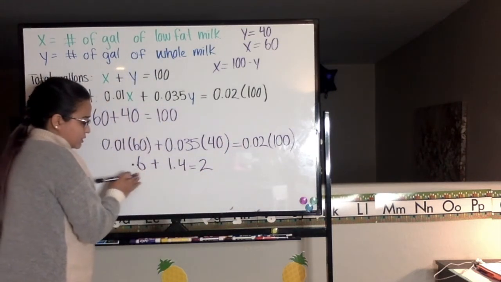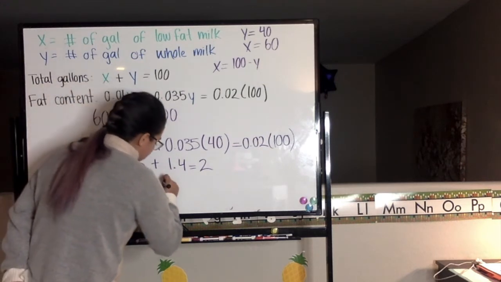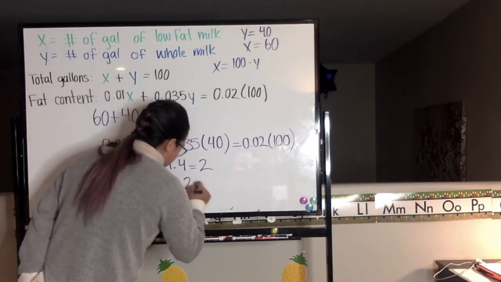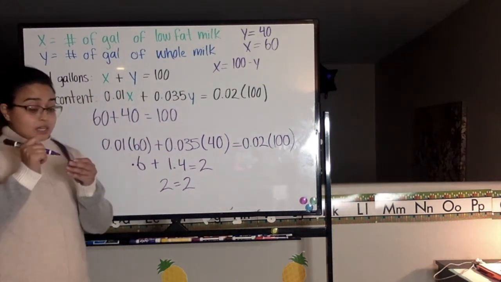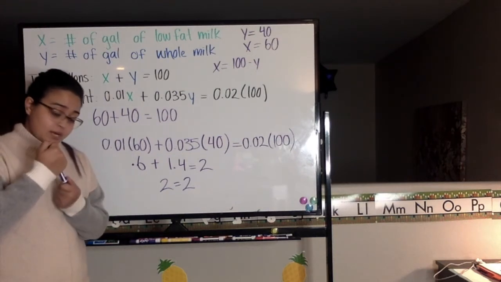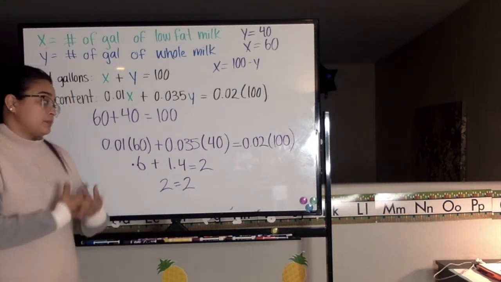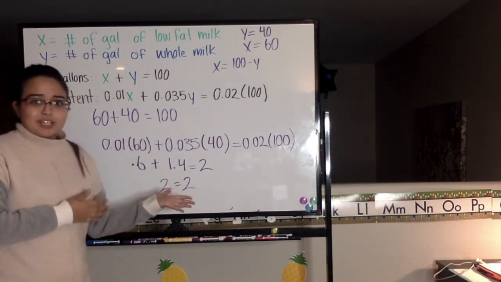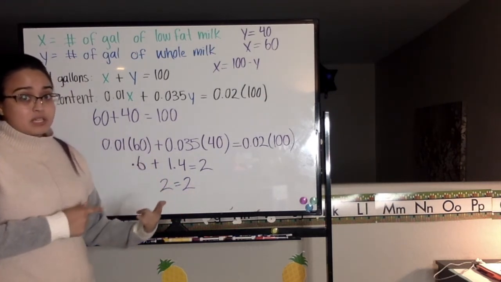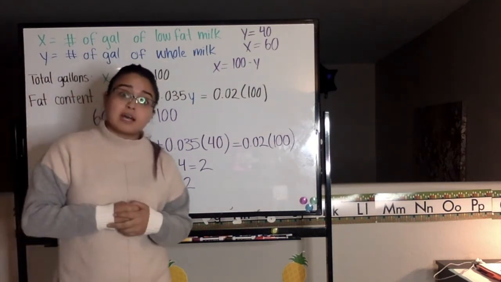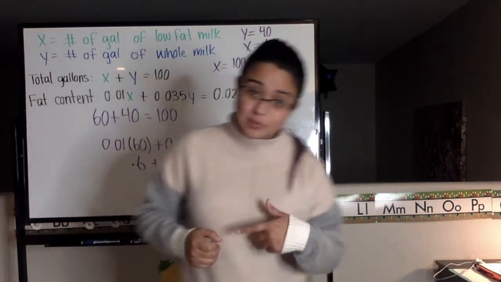Now if we add 0.6 to 1.4, it is 2. So 2 is equal to 2. So that is actually correct. That was just part of checking our answer. Of course, I did not do this off the top of my head, but I did use a calculator. Of course you are allowed to use a calculator as well.